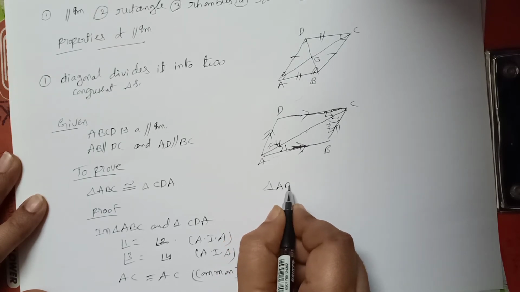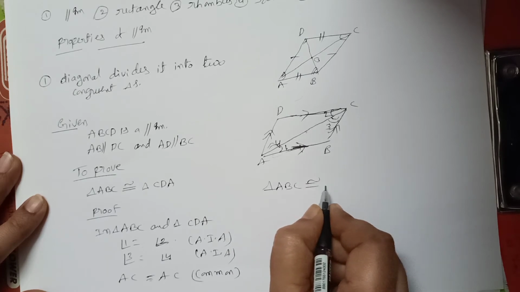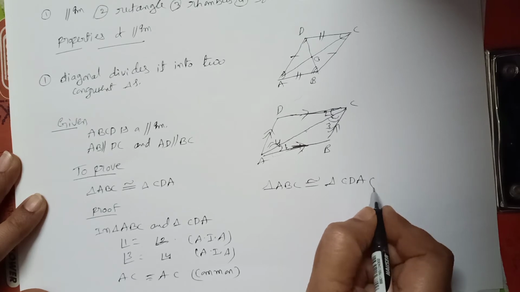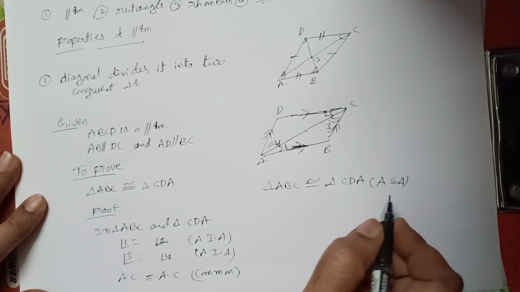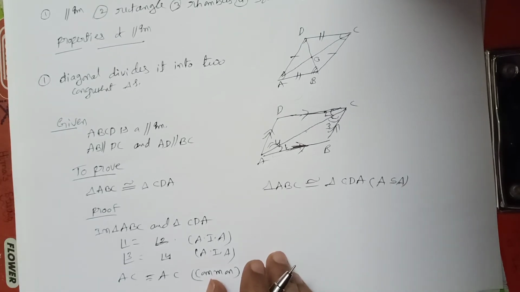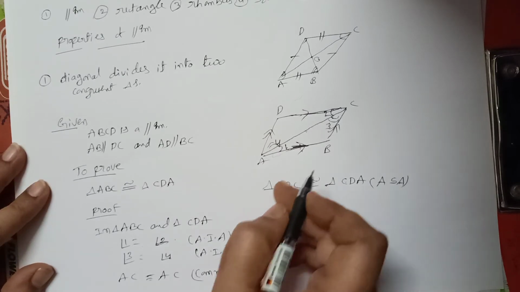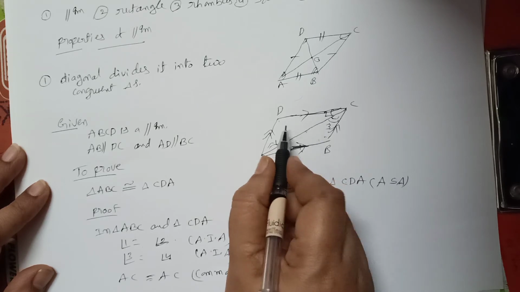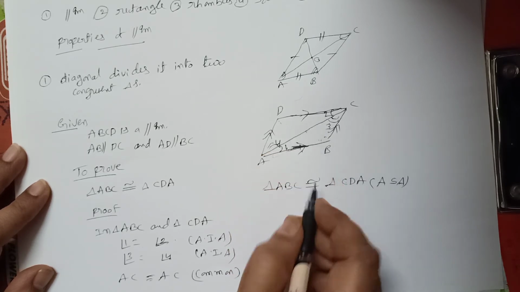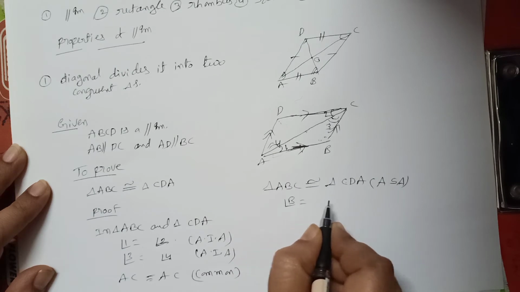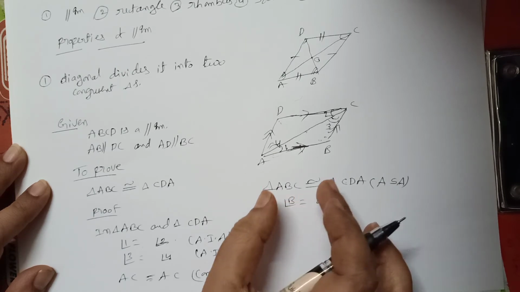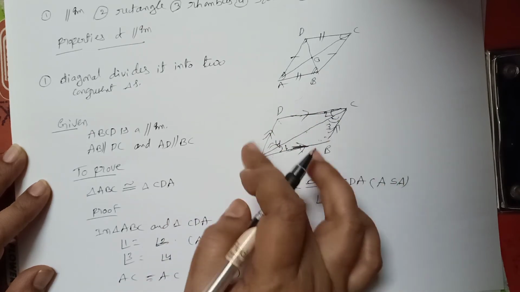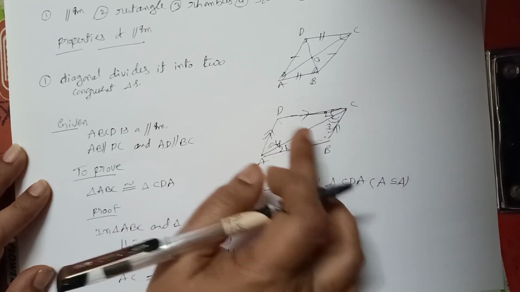Triangle ABC is congruent to triangle CDA by ASA. If two triangles are congruent, all the corresponding parts are equal. Now here in these two triangles, angle B and angle D are equal, corresponding parts of congruent triangles. Now we proved triangle ABC is congruent to triangle CDA. That means diagonal divides it into two congruent triangles.